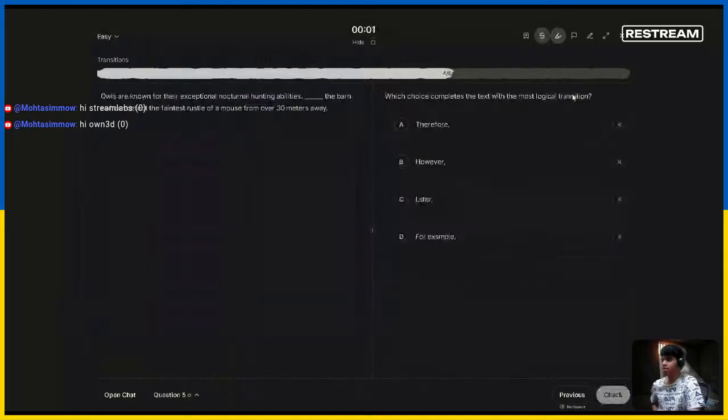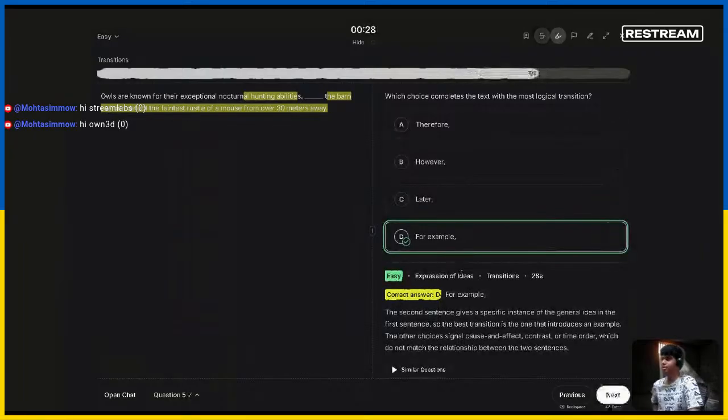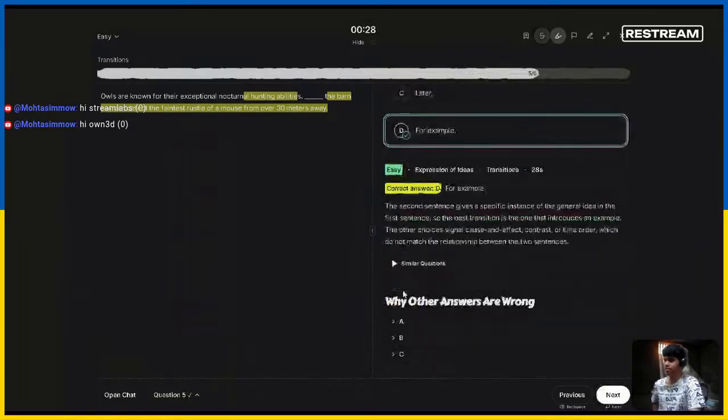Yeah. We have therefore, however, later, for example. Owls are known for their exceptional hunting abilities. Blank, the barn owl can detect the faintest sound of a mouse over 13 feet away. I feel like it could be therefore, for example, but it is giving us an example.